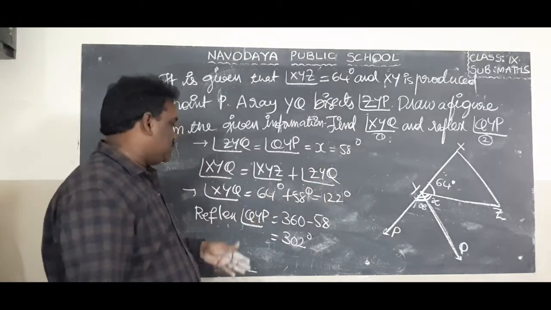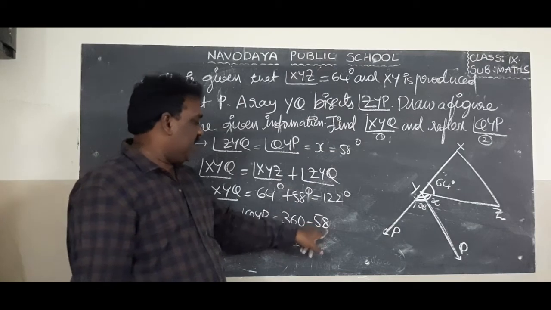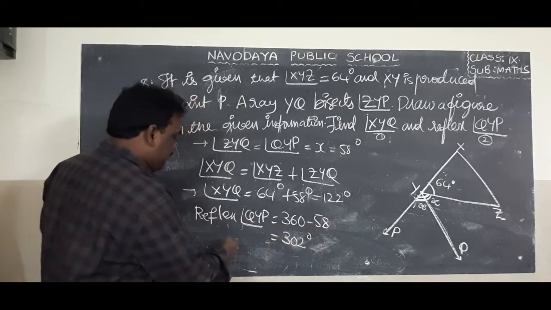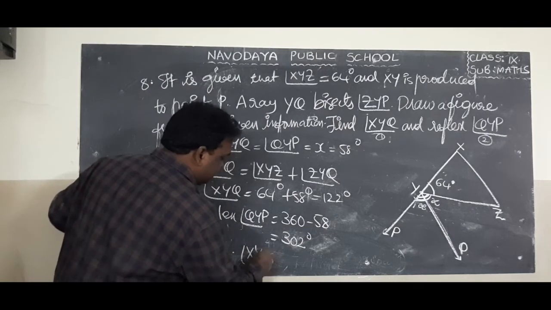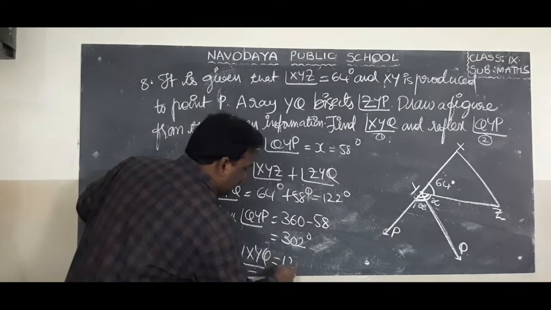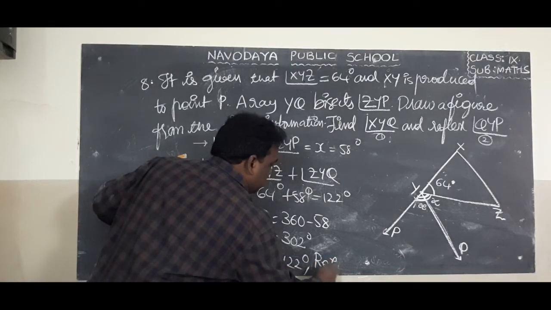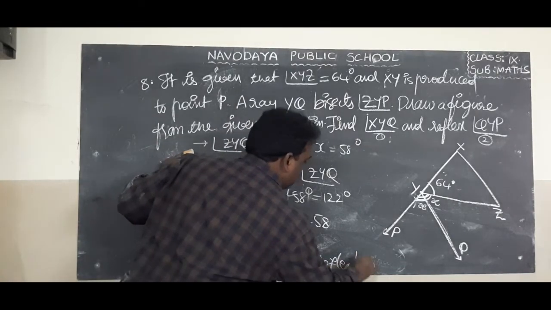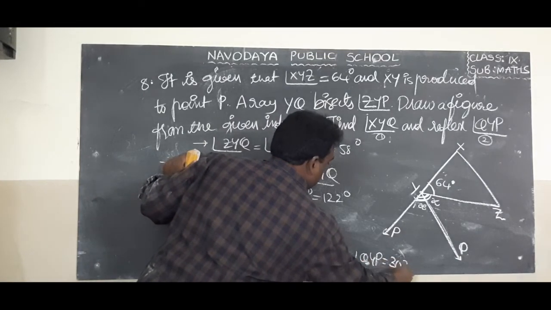We need to find the reflex angle. Subtract from 360. 360 minus 58, 302. Therefore, final angle XYQ equal to 122. Reflex angle QYP equal to 302.